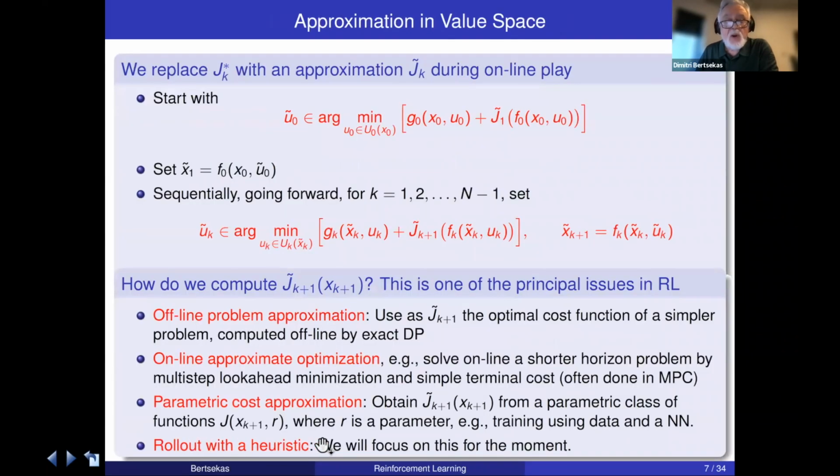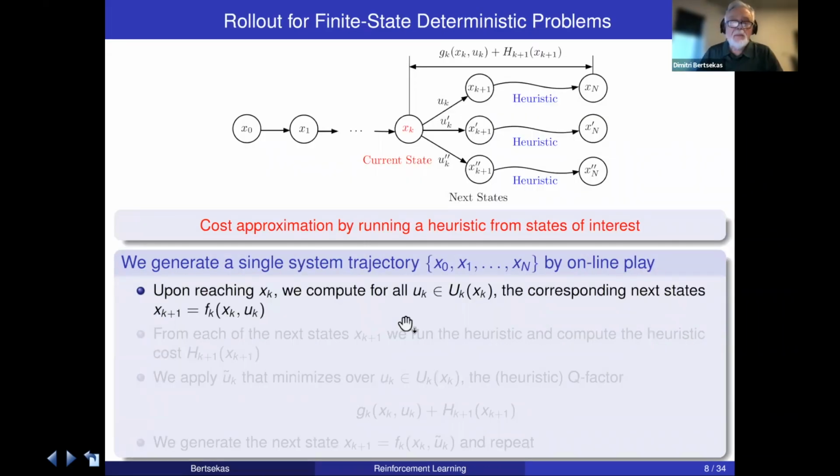Okay, the fourth type of algorithm, an example of how we compute J tilde, is by doing rollout with a heuristic, and we will explain this in the next few slides. In rollout, we calculate J tilde by using a heuristic from the next stage.